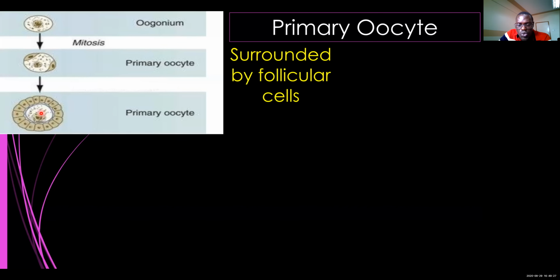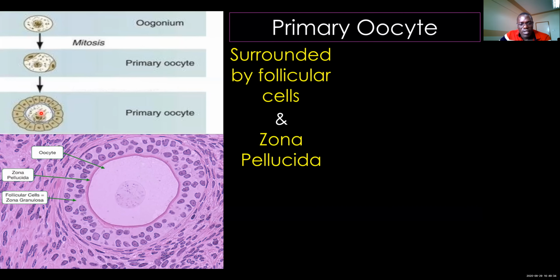In addition to the follicular cells, there's also another thing that covers the primary oocyte. That thing is a glycoprotein covering, just like the sperm was also covered by some glycoprotein. It may not necessarily be the same glycoprotein, but yes, this is still a glycoprotein covering.